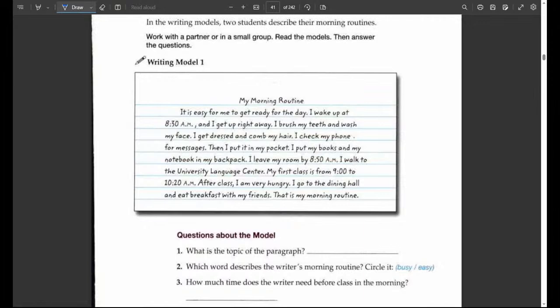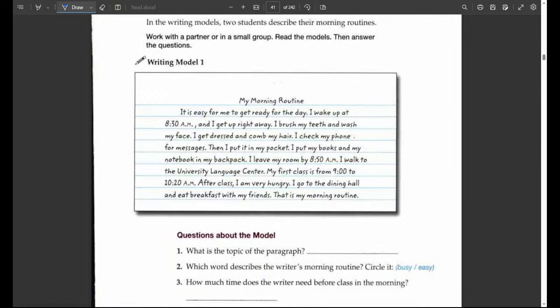On page 23, this one was there. It is easy for me to get ready for the day. I wake up at 8 a.m. and I get up right away. I brush my teeth and wash my face. I get dressed and comb my hair. I check my phone for messages. Then I put it in my pocket.